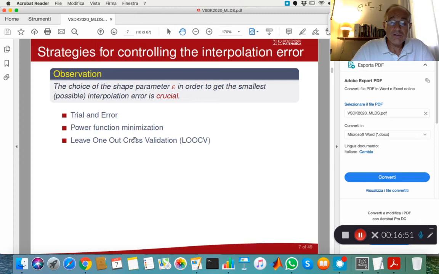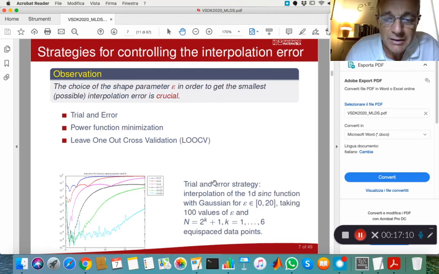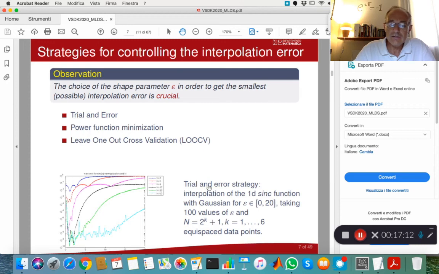Okay. But you can do the same with power function minimization, because the power function is an error indicator, as I said before. Or you can use the so-called leave-one-out cross validation that comes from statistics, a well-known procedure. And here I show you a typical trial and error strategy. Here the interpolation is of the one-dimensional sinc function with a Gaussian, with 100 values of epsilon taken between 0 and 20.